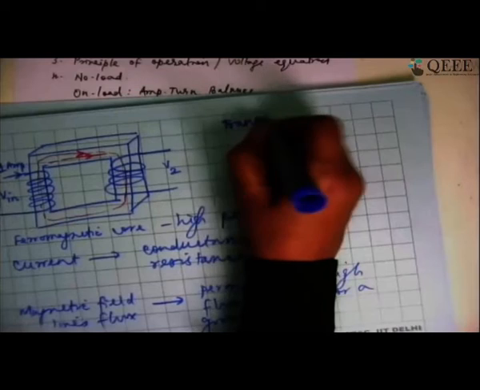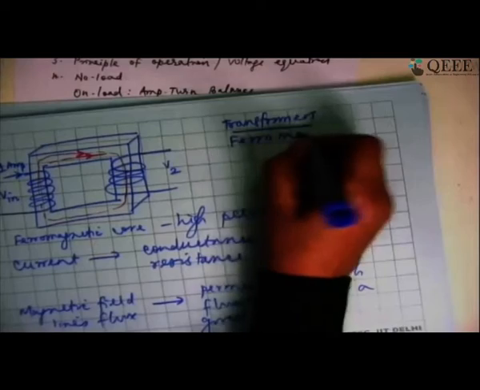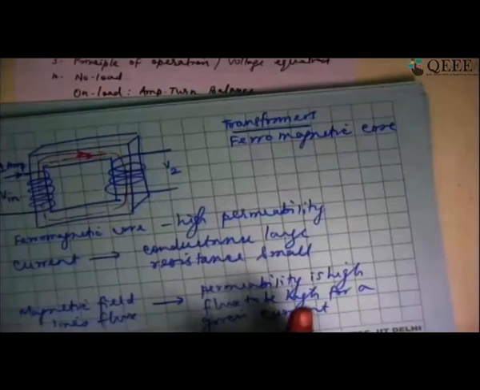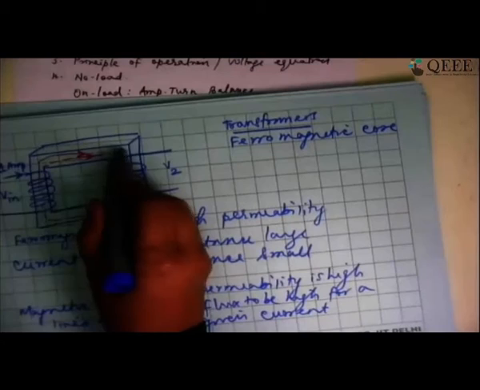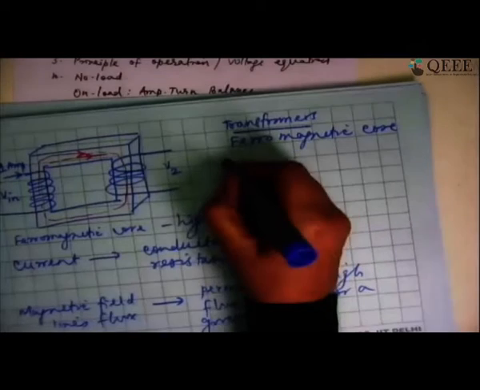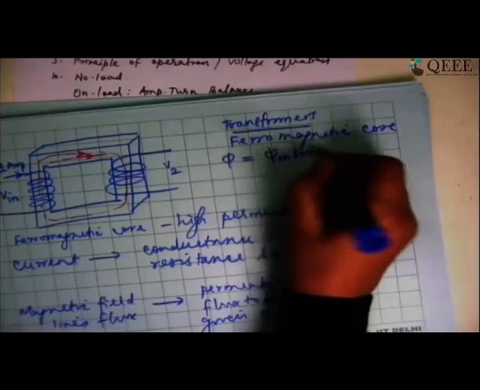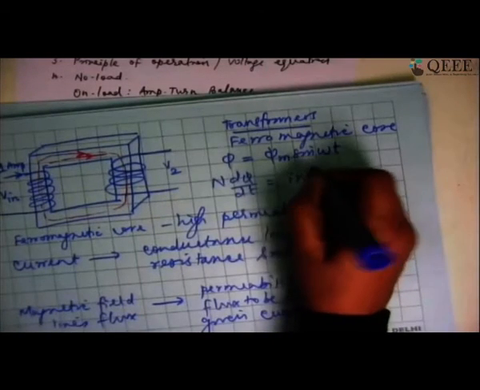So generally, transformers are basically constructed using ferromagnetic core on which the windings are wound. So once the ferromagnetic core has the winding and the current passes, I'm going to have a flux set up in the core. That flux is going to essentially change with respect to time. So let us say it is a sinusoidal current. I'm going to have the flux also to be something like phi m sine omega t. Now Faraday's law says that N d phi by dt is the induced EMF.